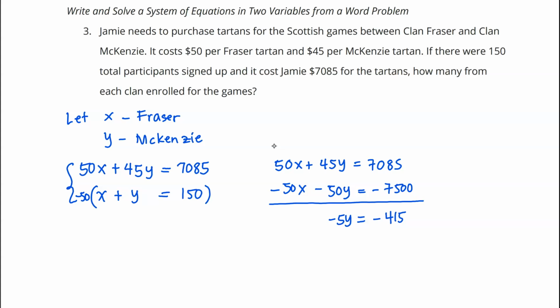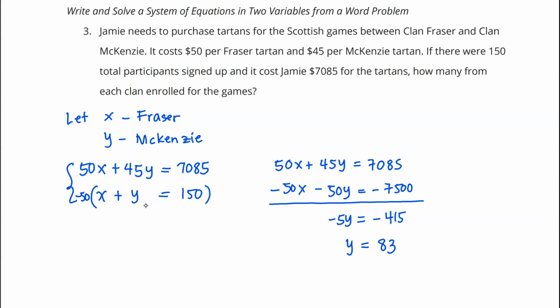Negative 415 divided by negative 5 is equal to 83. So that means y is equal to 83, or there are 83 participants enrolled for Mackenzie clan.